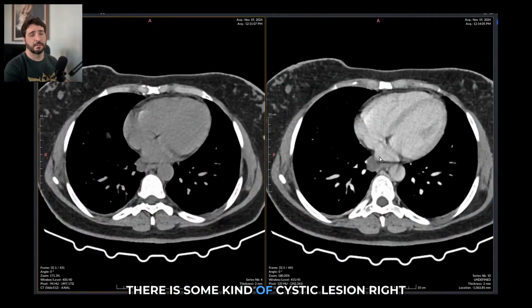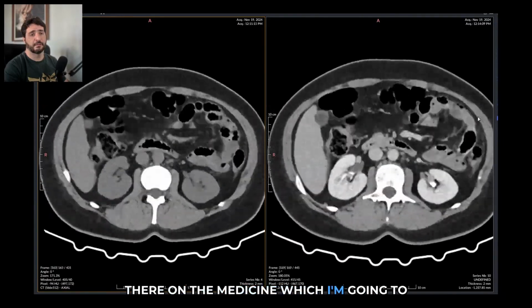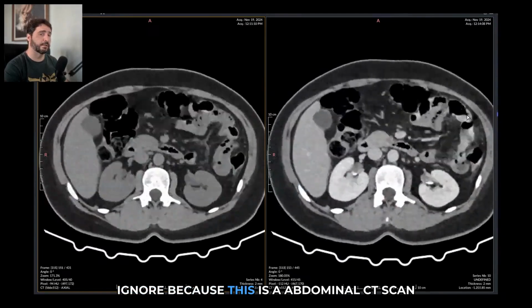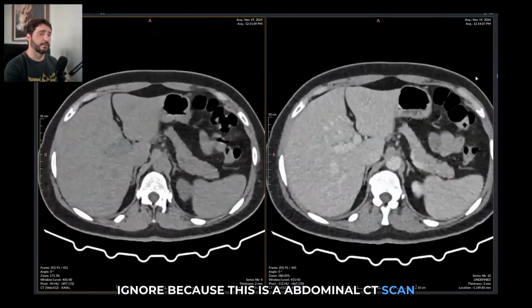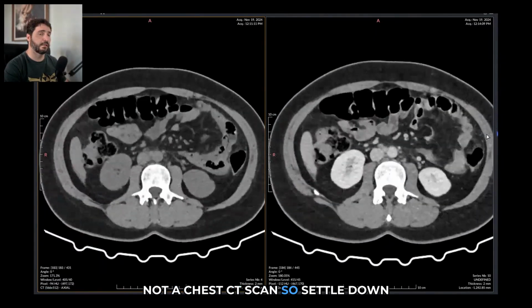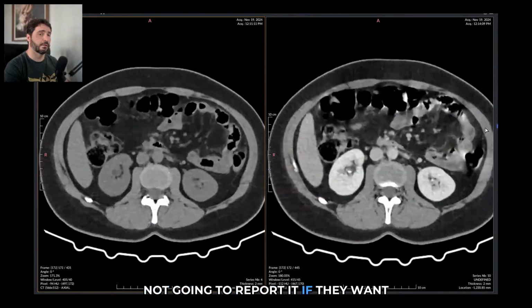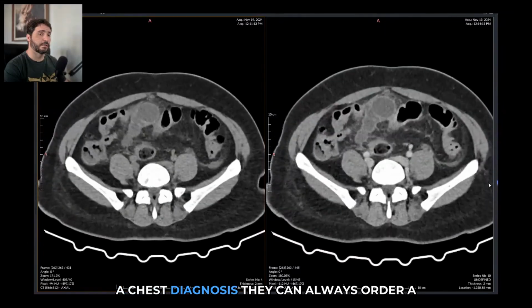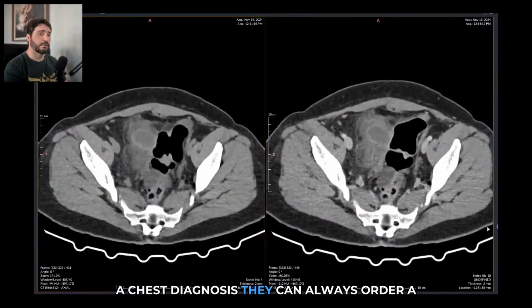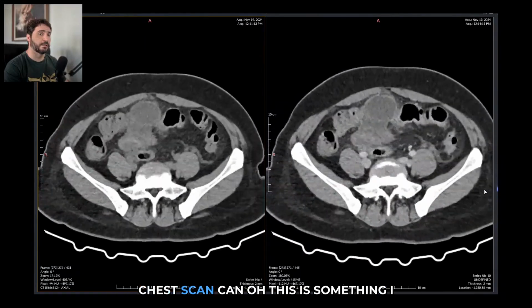There is some kind of cystic lesion right there in the mediastinum, which I'm going to ignore because this is an abdominal CT scan, not a chest CT scan. So settle down, not going to report it. If they want a chest diagnosis, they can always order a chest scan.